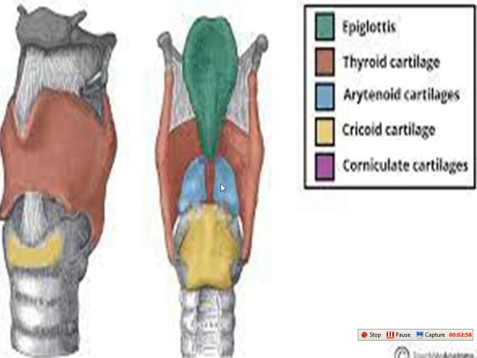Here we have the cartilage which looks like a horn, the arytenoid. And finally, this yellow one is the cricoid cartilage, which connects the larynx and the trachea. This is the most important cartilage of the larynx.